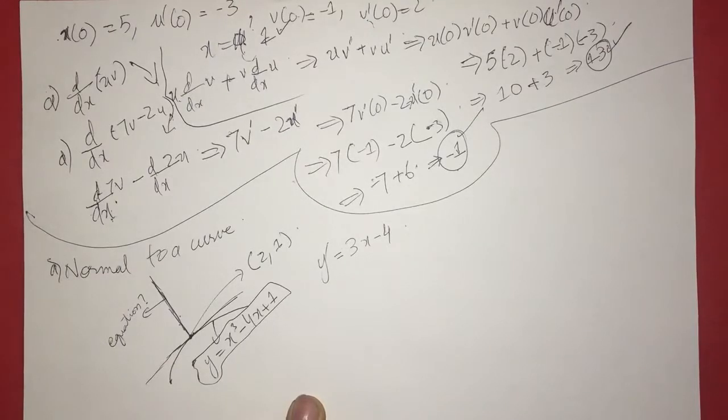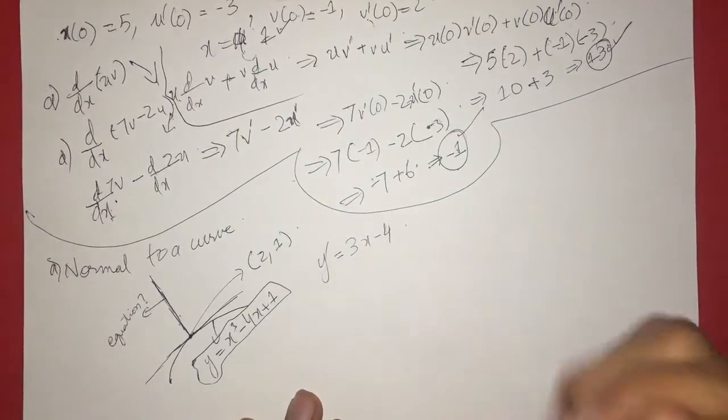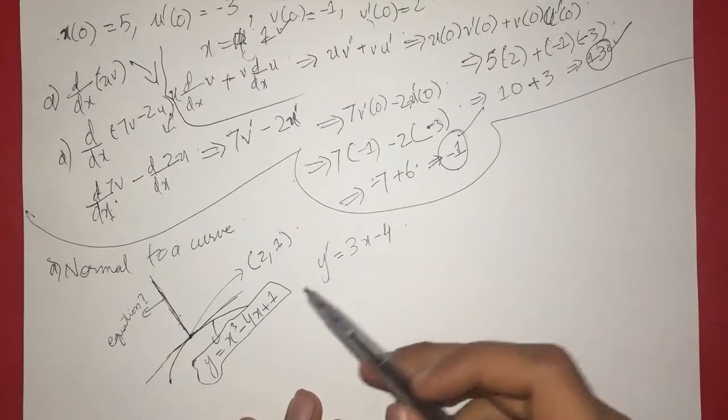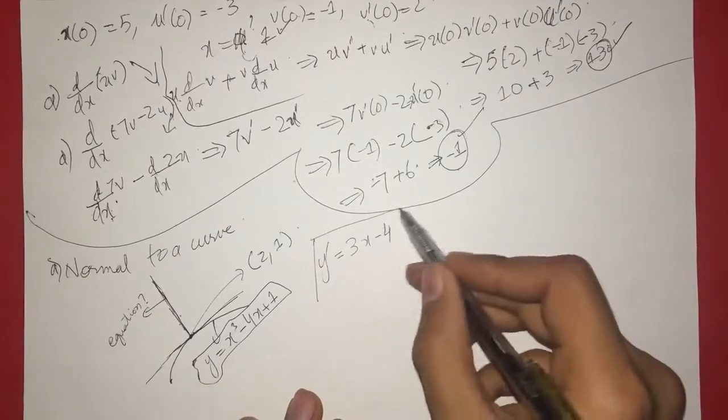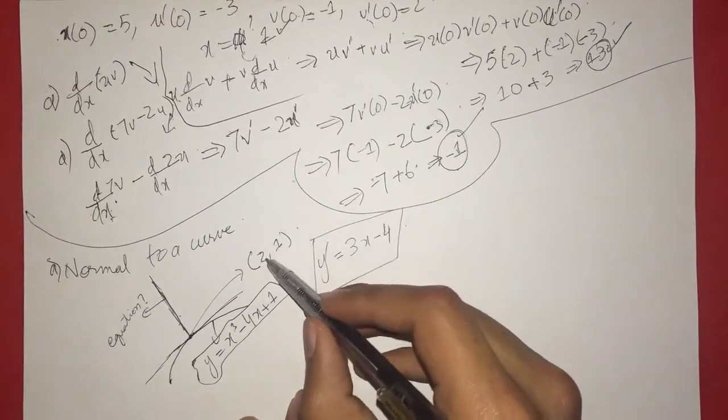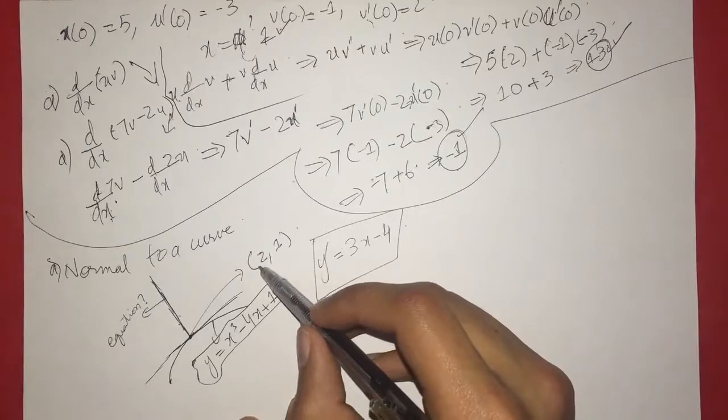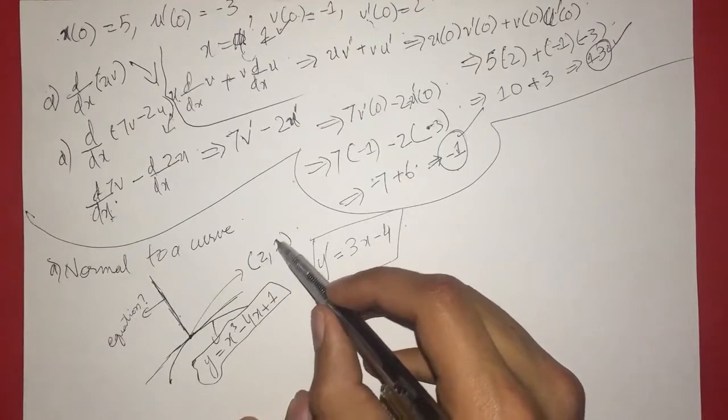So the slope of the tangent at 2, 1: the slope is the derivative, but the point exists at 2, 1.